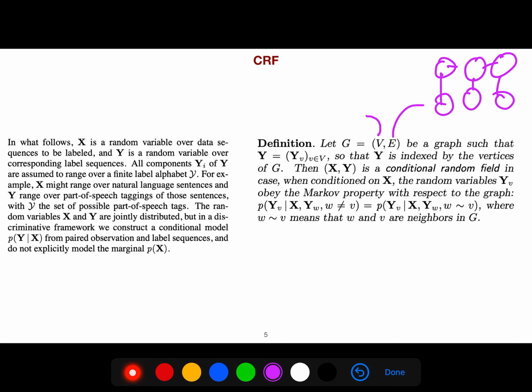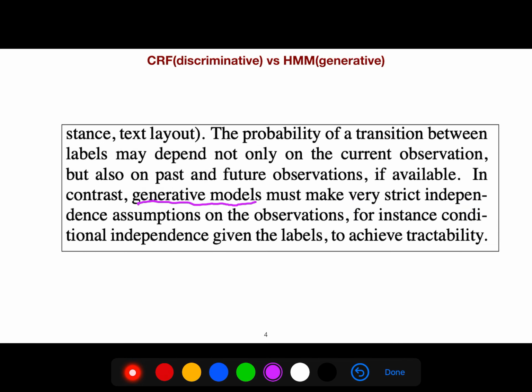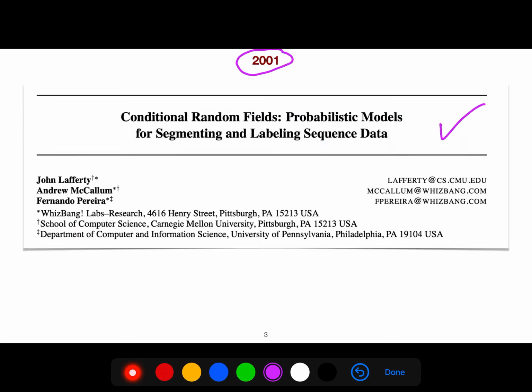So whether it is a neighbor or not doesn't matter, the probability is the same. So the probability of your y, this is the states, and the observation.